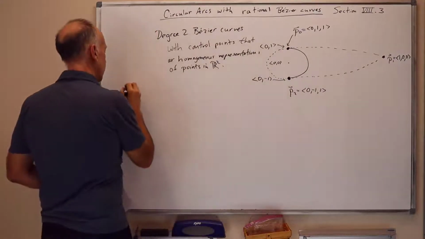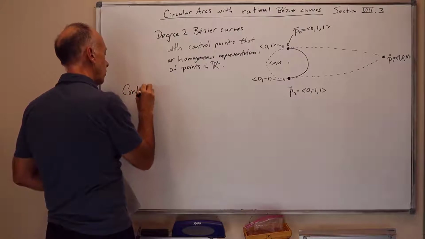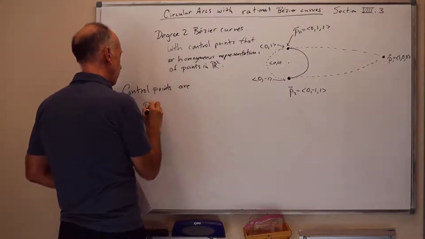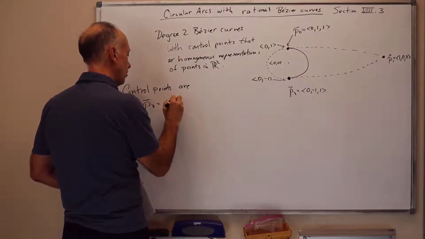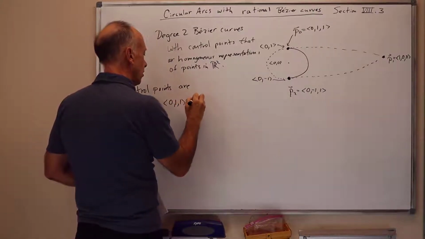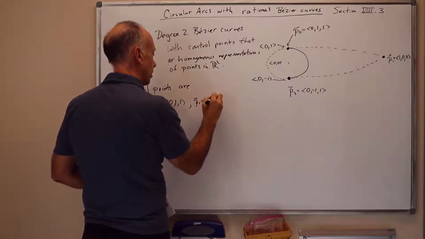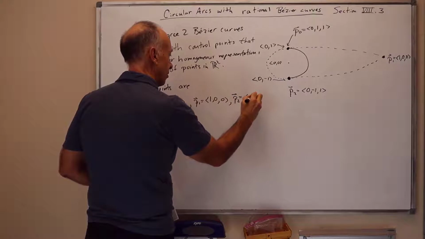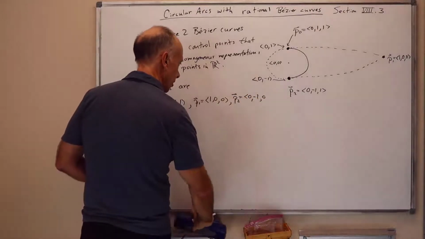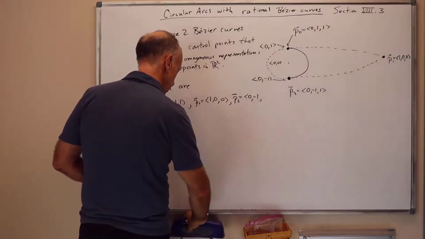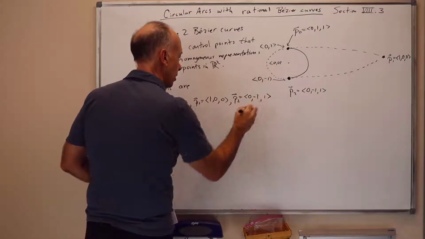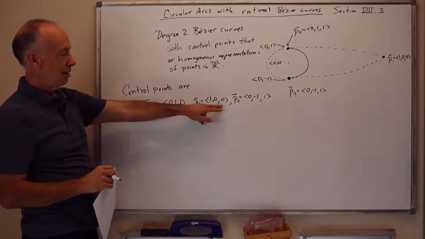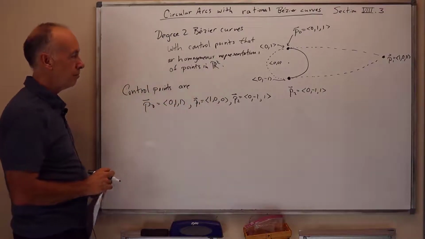So our control points for the curve are P0 equals 0, 1, 1, P1 equals 1, 0, 0, and P2 equals 0, minus 1, 1. So the middle point, again, is a point at infinity because its W component is 0.